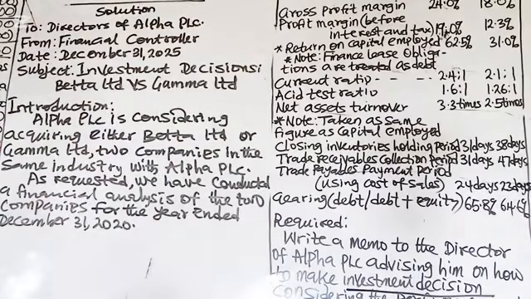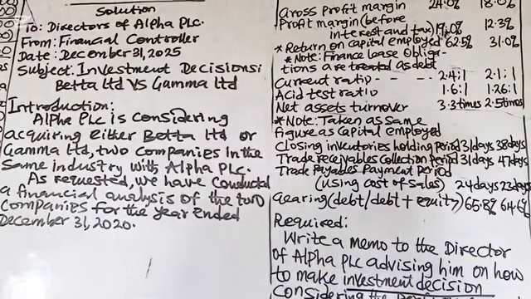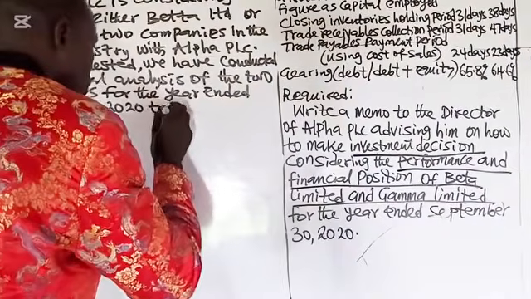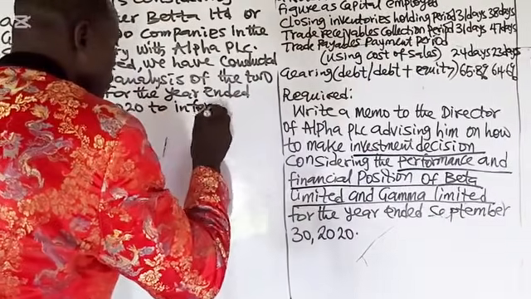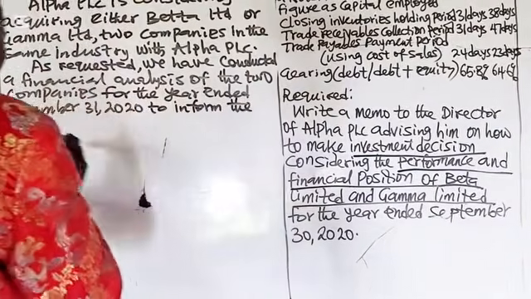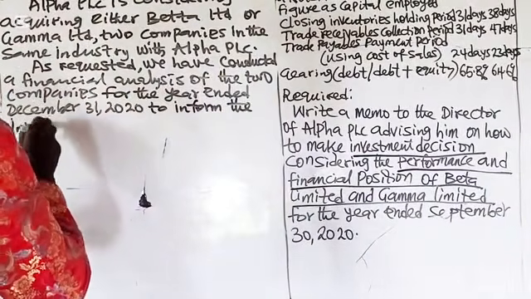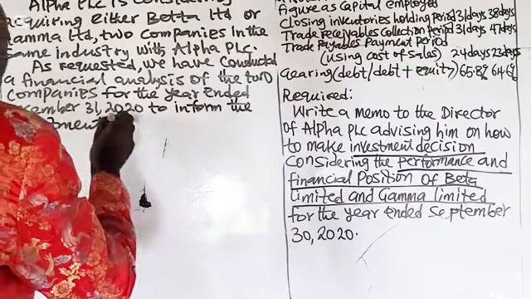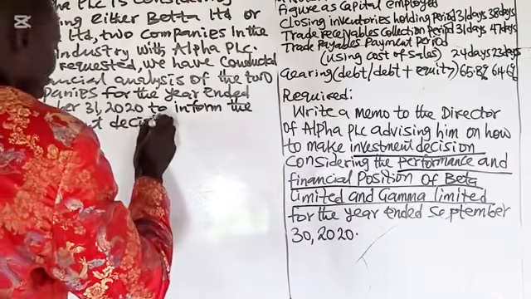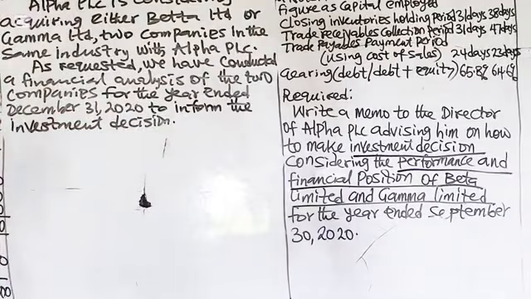So financial analysis has been conducted for the two companies to inform the investment decision. That is, we want to use the analysis we have conducted to make the investment decision. So what does this memo intend to serve now?